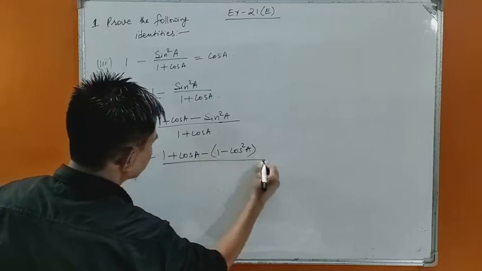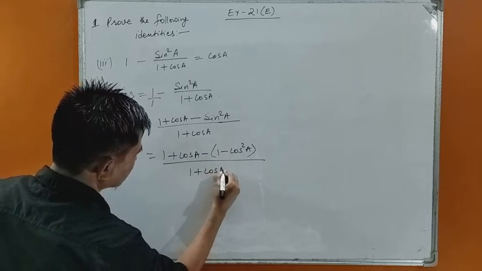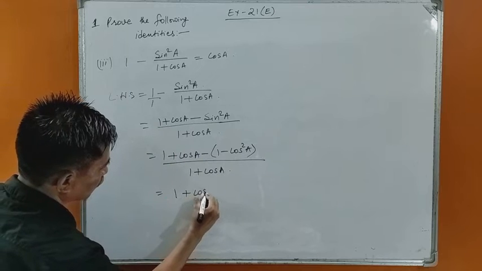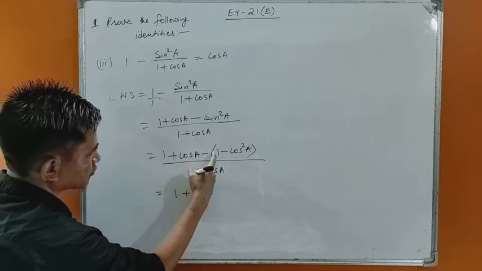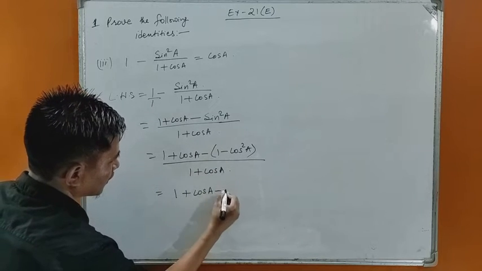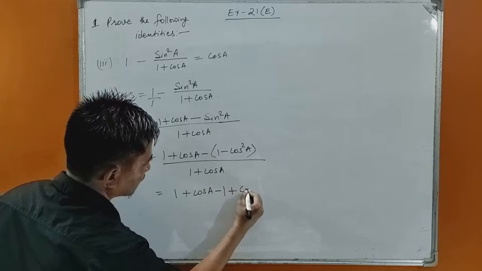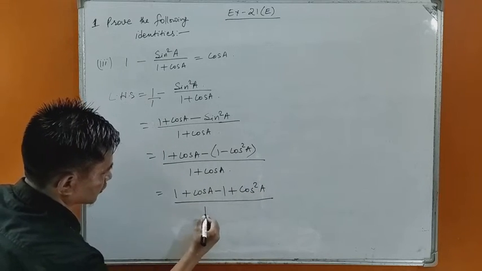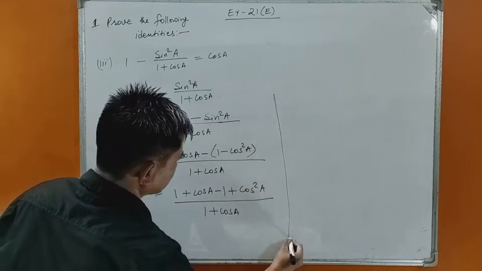So in the denominator we have 1 plus cos A. This 1 plus cos A we copy as it is. Now minus into plus is minus 1, minus into minus is plus cos square A. In the denominator we have 1 plus cos A. Now let me continue here.